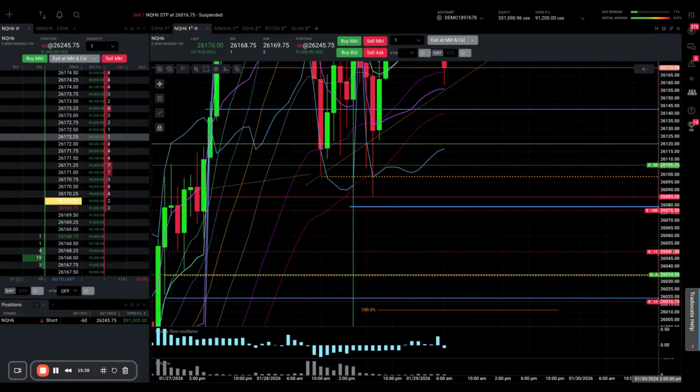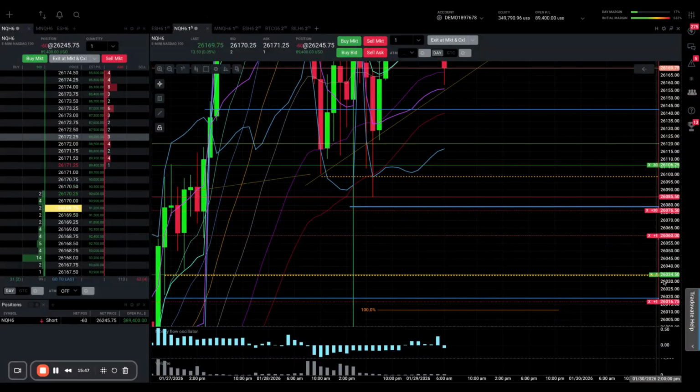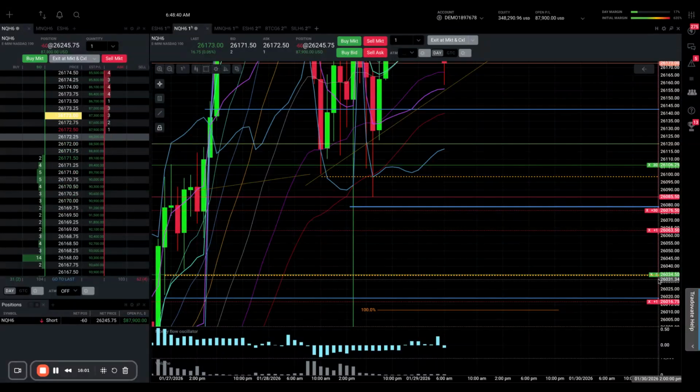Okay, a little bit more. And then this is where you take profit. So this would be your loss. This would be like a 2R trade because this is almost double the size. You always want your loss to be less than what your profit is.